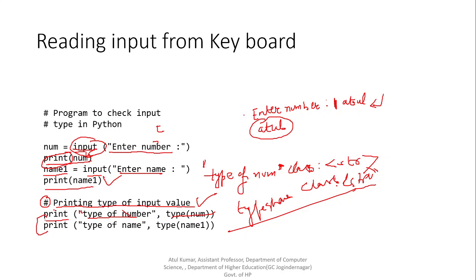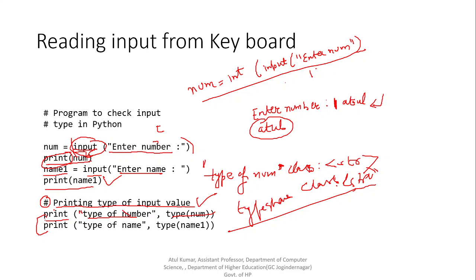If we want to convert this number string into a number, we have to typecast it with the help of int. Suppose to typecast, num is equal to int, and inside we write input, enter number. Suppose I enter 123 as a number.